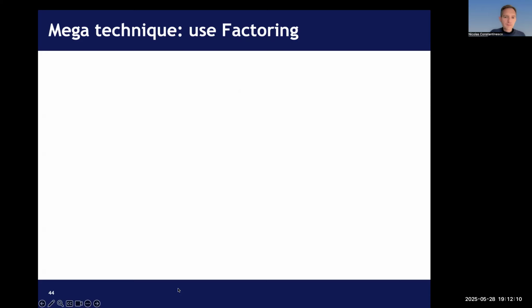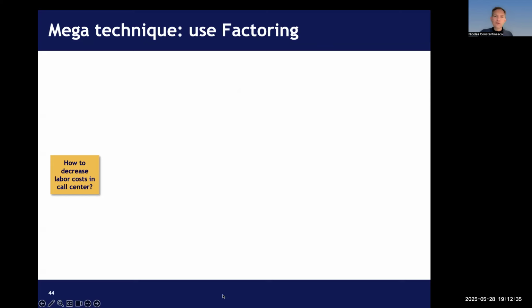So the example will be the following. Let's say that we want to decrease the labor costs in our call center. Yeah, so the help desk call center. This is an inbound call center where people call in. We don't call out, but people call in when they have an issue. So how do we do this?